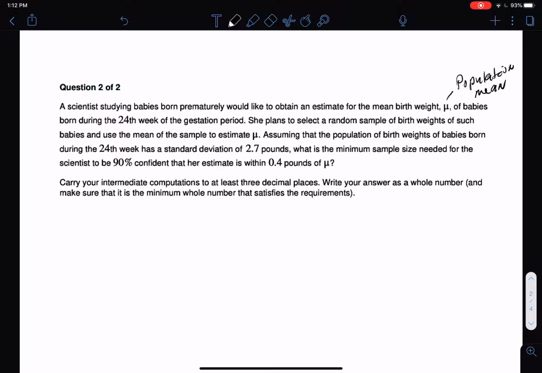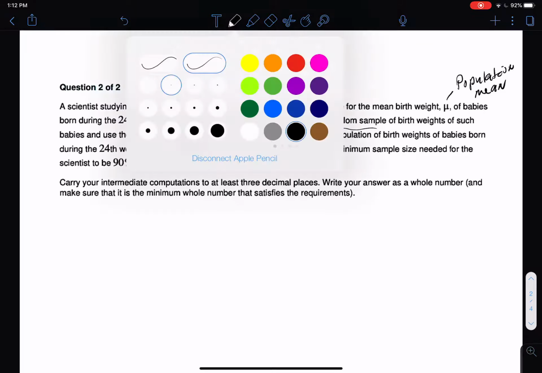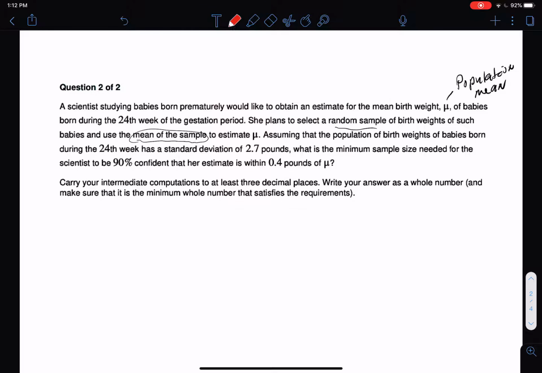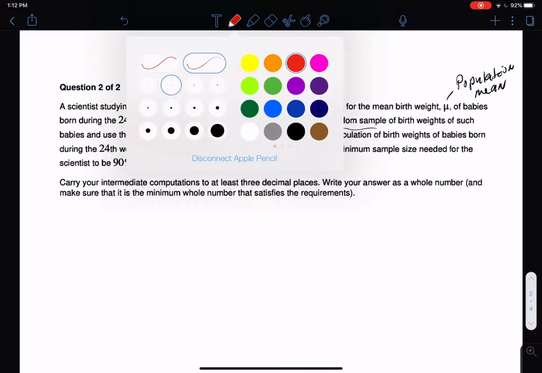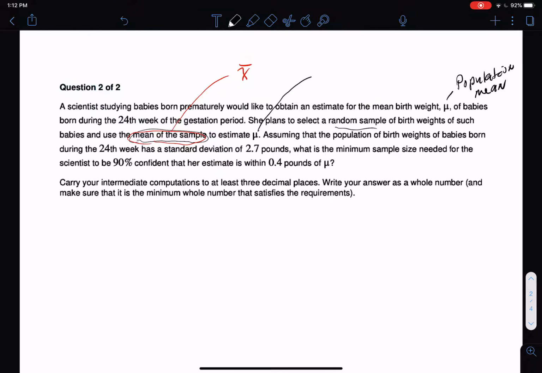She plans to select a random sample of birth weights of such babies, and use the mean of the sample. So what's the mean of the sample? They're just talking about these X bars, to estimate the mu, the population mean.